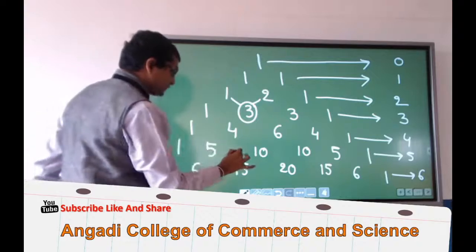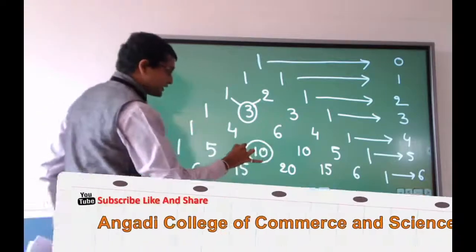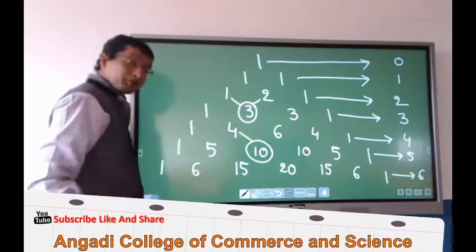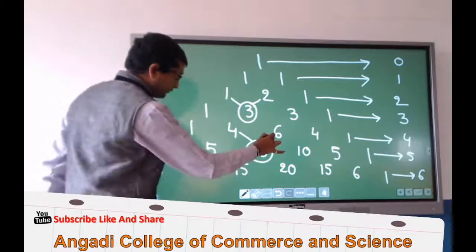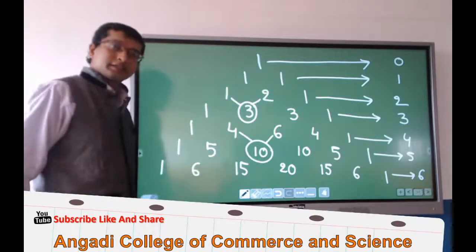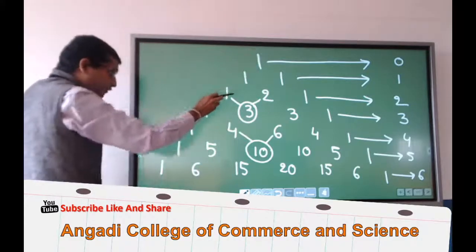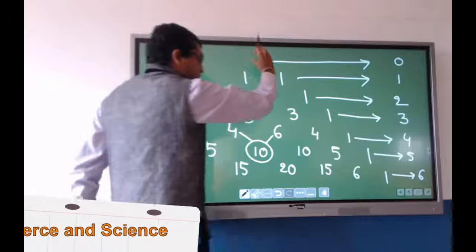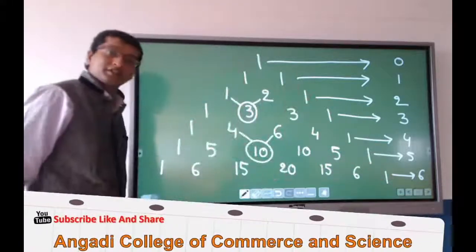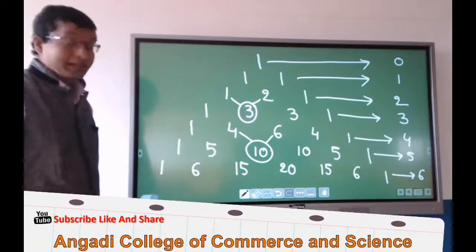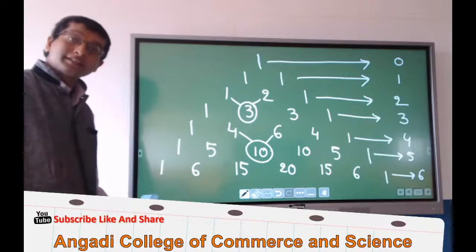Similarly, this 10 is the addition of the number on the left, 4, and on the right, 6. It is 4 plus 6, 10 we get. So 1 I have written like this, and 1 also in this fashion here. This type of triangle construction we call a Pascal triangle.